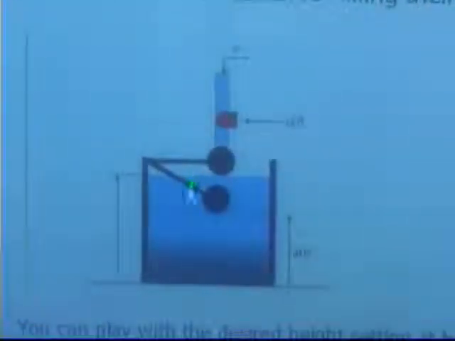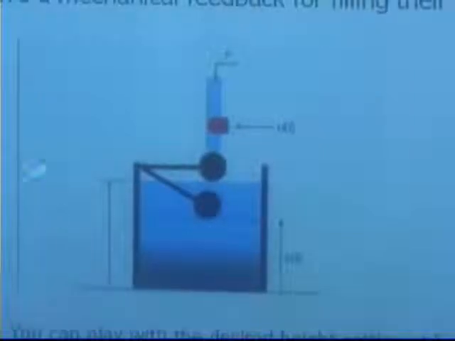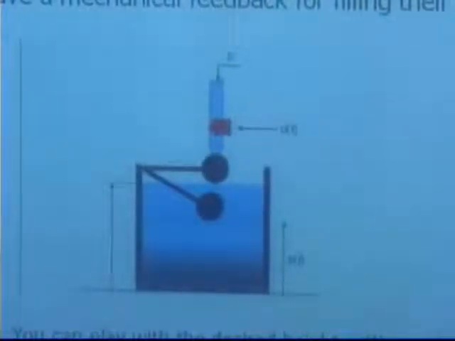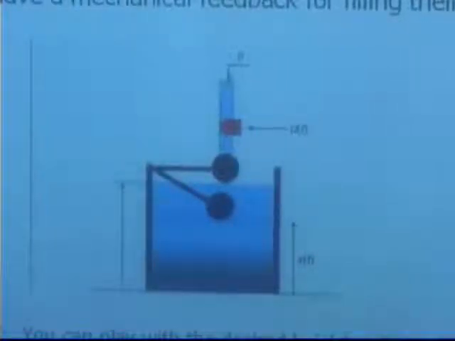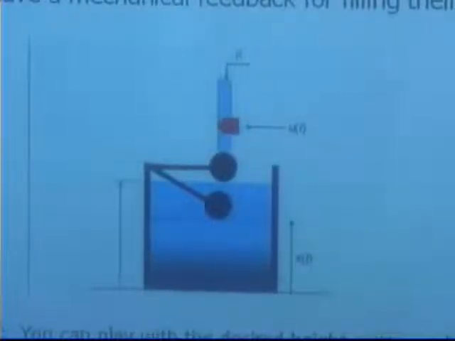This float monitors the water level by moving mechanically, and that motion affects a valve in the tank, and that valve affects the flow into the tank. The flow affects how much water is in the tank, which affects the float, and the cycle goes around and around until you reach a steady state equilibrium point where the float is high enough to shut off the valve completely.